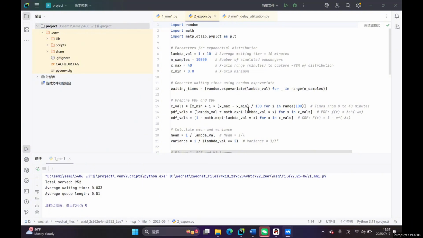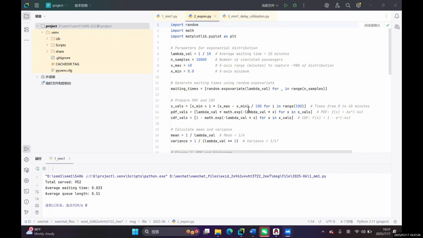I think in our daily life, events like bus arrivals, packet transmissions, or customer arrivals often follow a Poisson process, and the waiting time between events follows an exponential distribution.